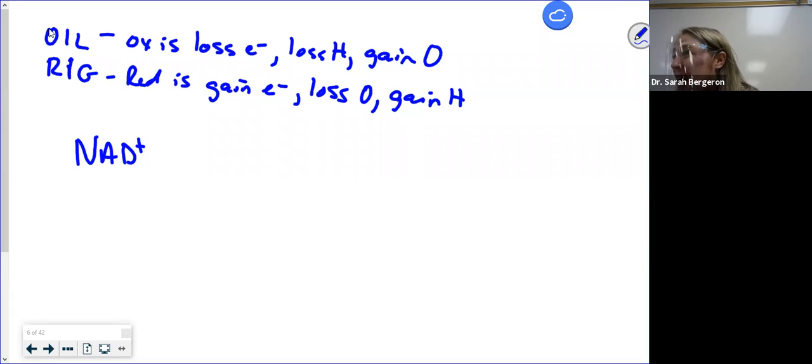What does that tell you is going to happen? You're going to lose some hydrogens, and who's going to pick up the hydrogens? These guys. NAD plus picks up some of those electrons in the form of hydrogen ions, and some of them as a hydride ion. Have y'all seen a hydride ion? It's carrying 2 electrons and a negative charge.